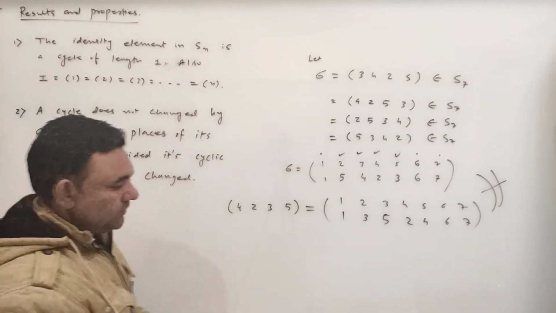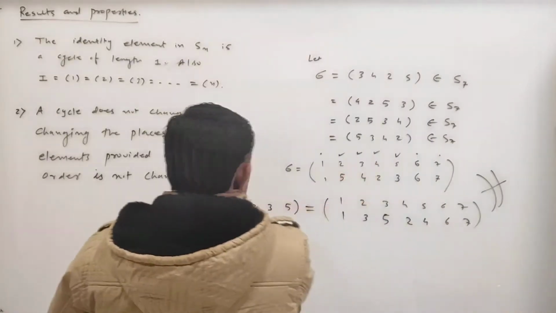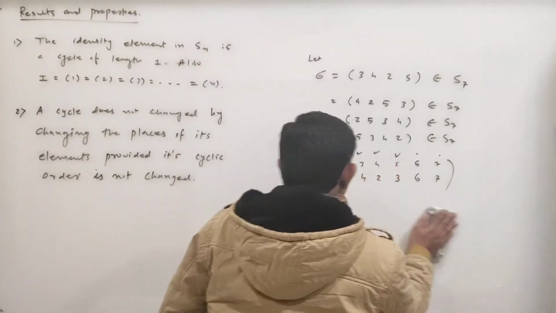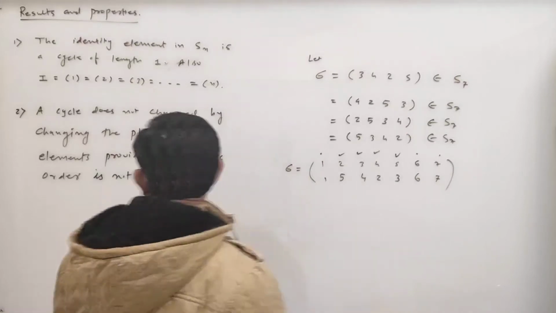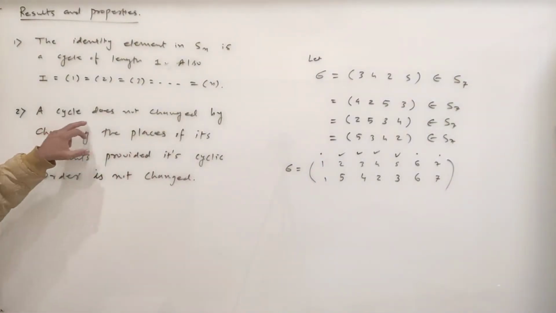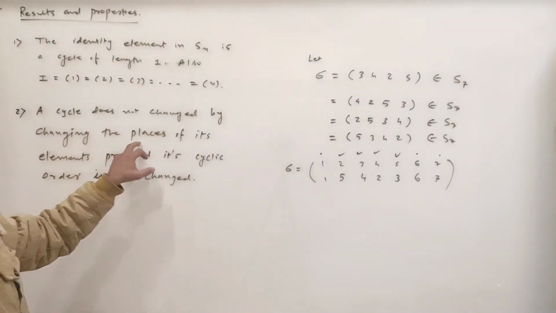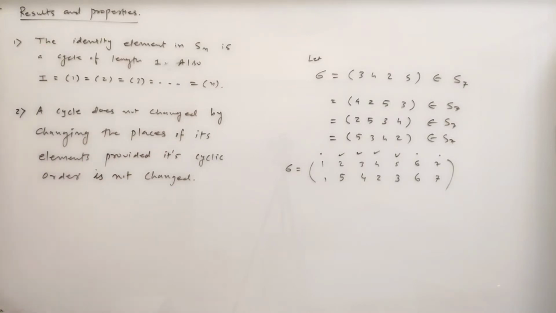You can write it this way also: a cycle does not change by changing the place of its elements, provided its cyclic order is not changed.